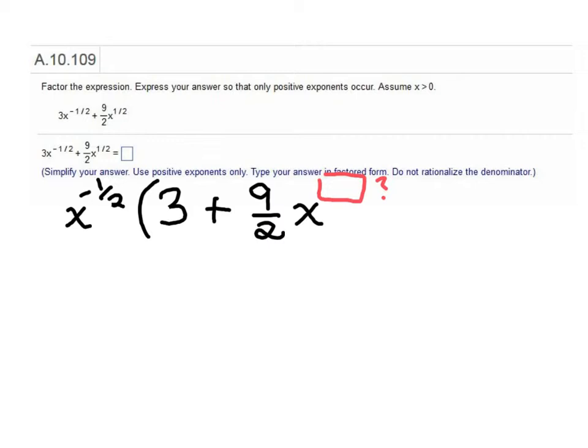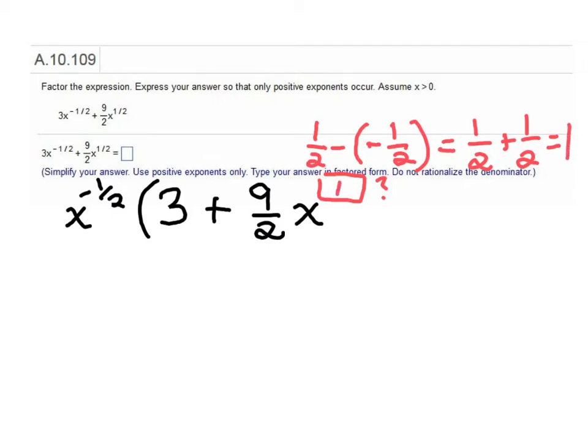The way to figure that out is to take the exponent that you had to begin with, so in this case 1/2, and subtract the power that was factored out, in this case negative 1/2. So you take your initial exponent minus whatever power was factored out. Well, 1/2 minus the negative turns into 1/2 plus 1/2, which is 1. So the power of x that goes right here is x to the first.